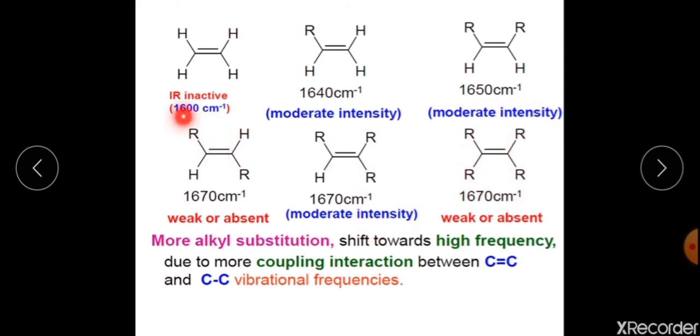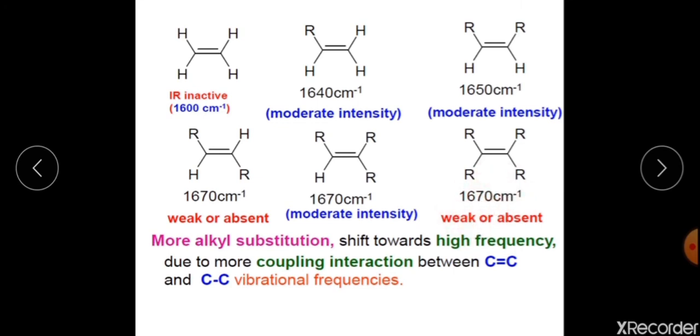So going from this one, it will absorb at 1600 centimeter inverse, then at 1640, and it will go on increasing. It means that in the case of alkenes, when we go to a more substituted alkene, the value will increase. This increase in the value may be because of coupling interactions and coupled vibration, because of the kind of interaction inside that alkene molecule.